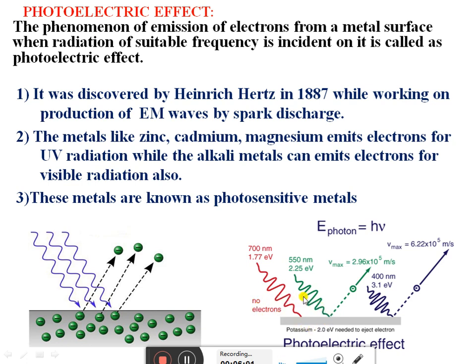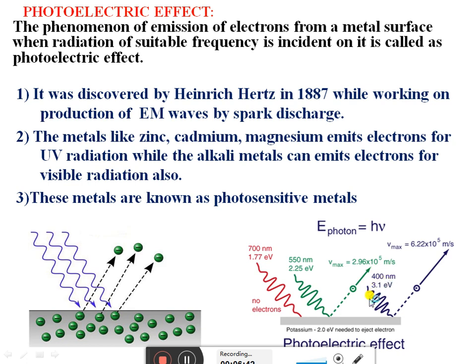But as we move from red to green, the wavelength is 550 nanometer, that is 5500 angstrom. Its energy is 2.25 electron volt. When such an energetic photon is incident on this potassium plate, the electrons are emitted with maximum velocity equal to 2.96 times 10 to the power of 5 meter per second. Means the potassium plate does not show photoelectric effect for red light, but it shows photoelectric effect for green light, and also for blue light of wavelength 400 nanometer or 4000 angstrom unit, which has energy equal to 3.1 electron volt.